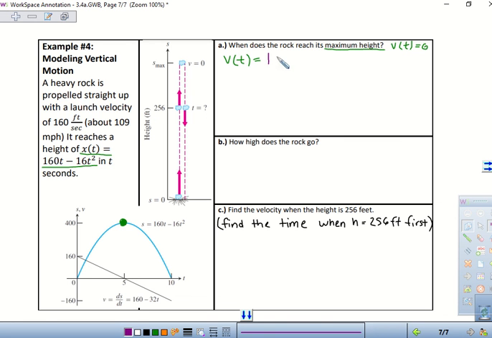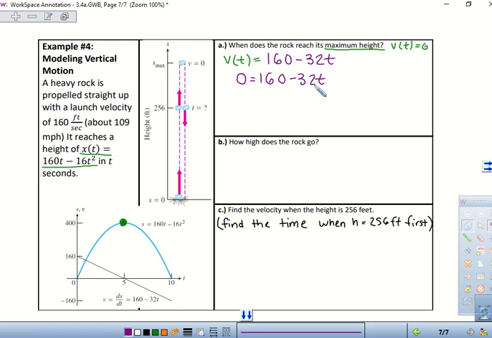Negative 32t, and plus 160. So 160 minus 32t. Everybody understand how I got that? Now it says, when does the rock reach its maximum height? We know that happens when the velocity is 0, so we're going to plug 0 in for velocity.